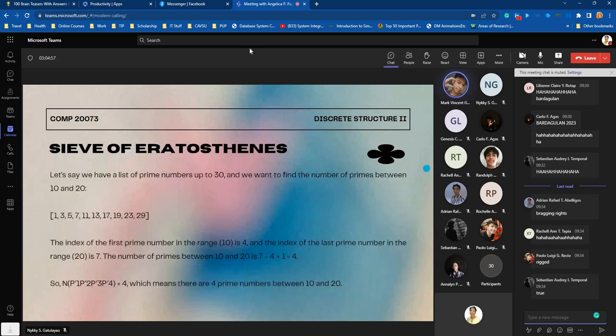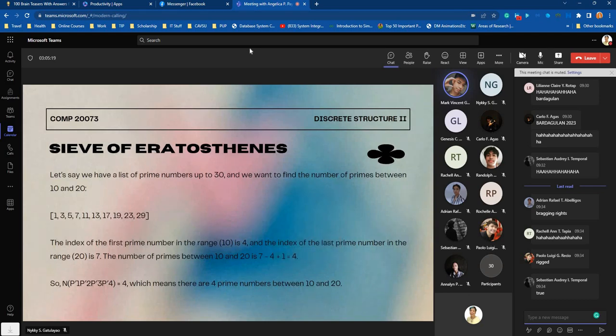Let's say we have a list of prime numbers up to 30, and we want to find the number of primes between 10 and 20. So, nilist natin yung mga prime numbers from 1 to 30, which is 1, 3, 5, 7, 11, 13, 17, 19, 23, and 29.